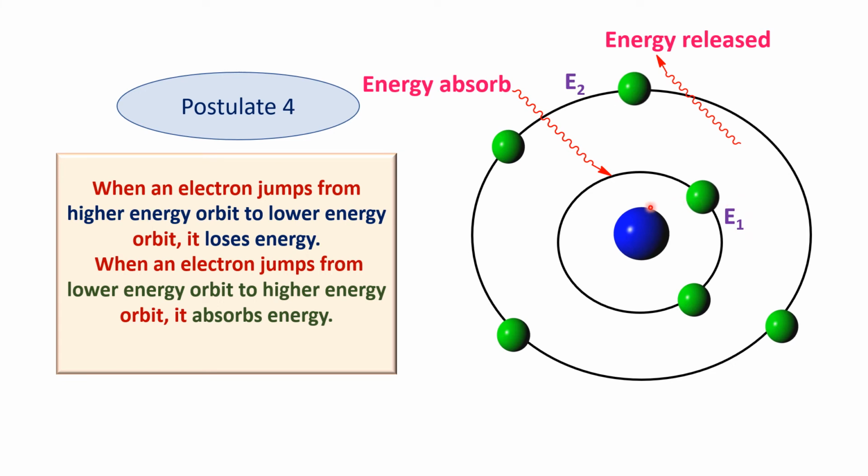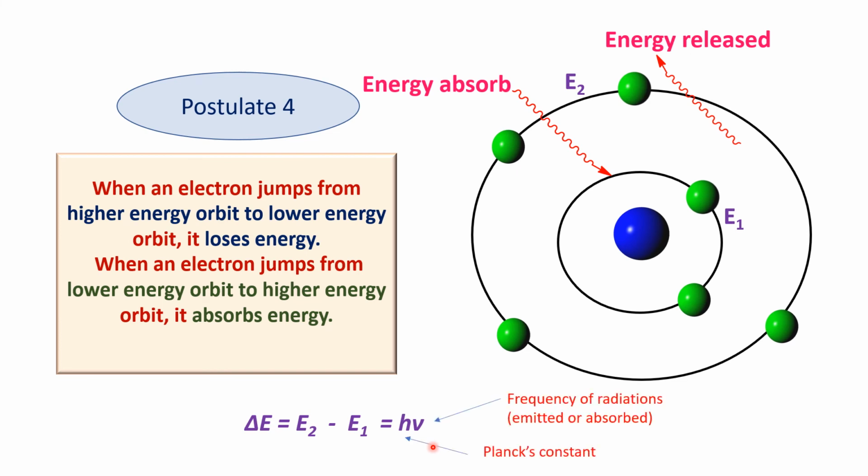The difference between these two levels is E2 minus E1. That energy should be absorbed for the electron to be promoted to the higher energy level, or released by the electron when it comes from the higher to the lower energy level, and it is equal to h nu, where h is Planck's constant and nu is the frequency of radiation.